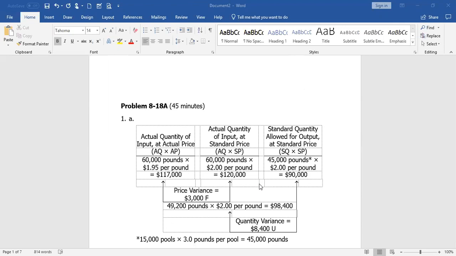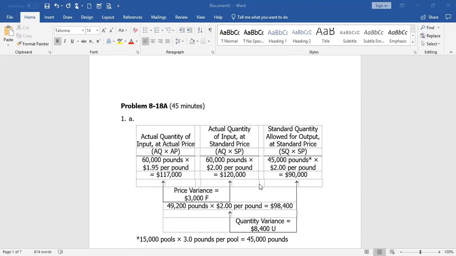Actual quantity of input at standard price is our next computation. So the difference between our first computation and our second, what changed? The price per pound. In the first computation, we used the actual price. In the second, we used the standard price we expected.